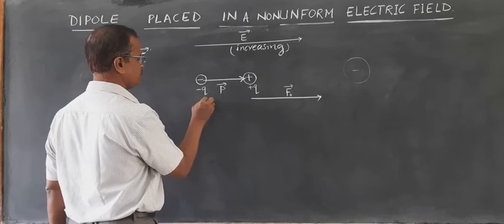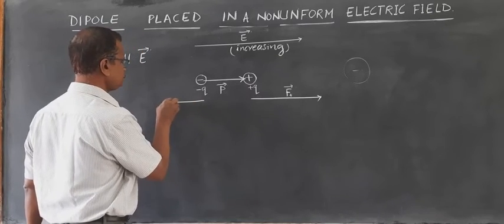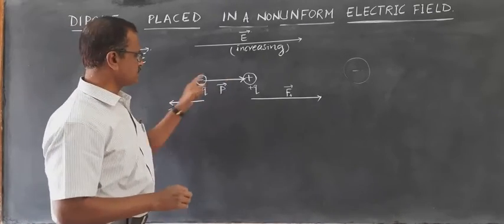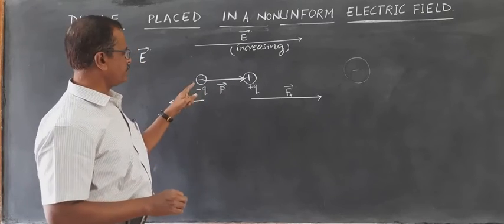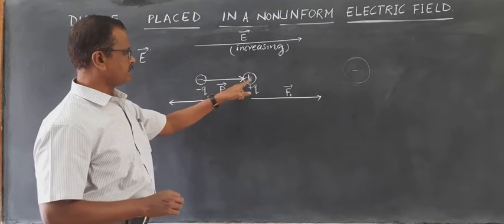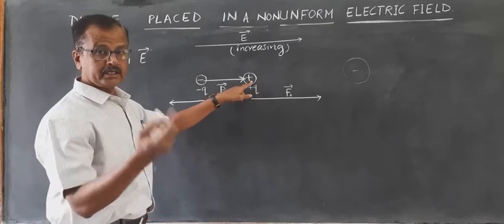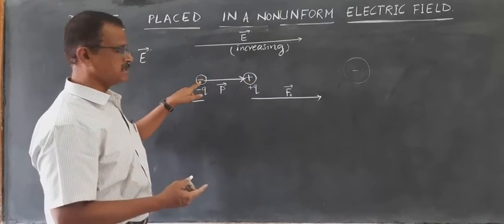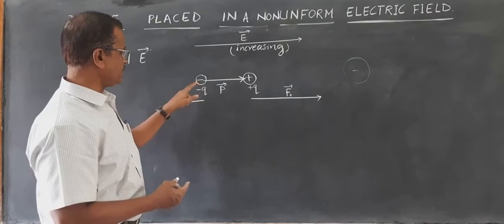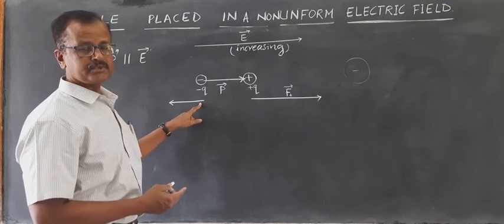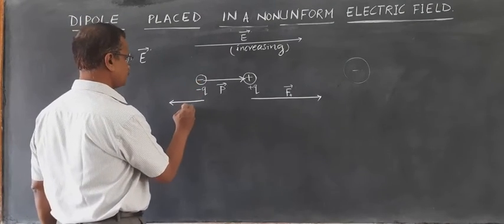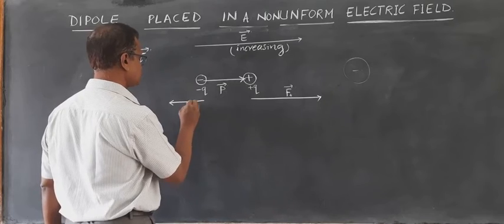The force experienced by the negative charge is less, because it is at another position. If you consider these two positions, this is the point of higher electric field and this is the point of lower electric field. As a result, the negative charge experiences less force. So this becomes F minus.